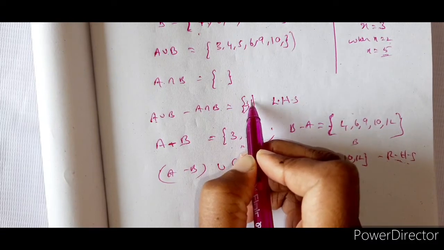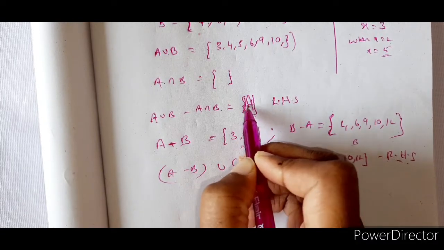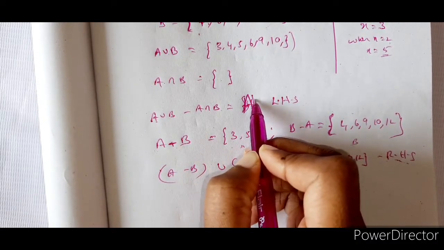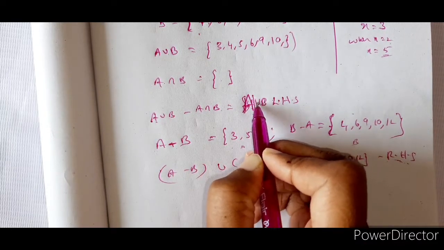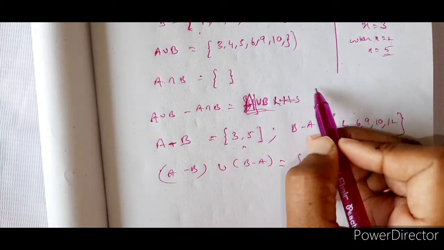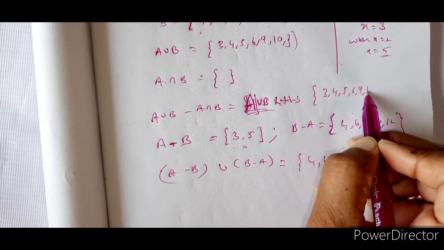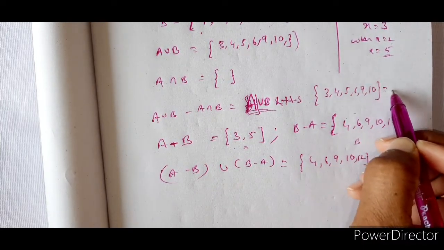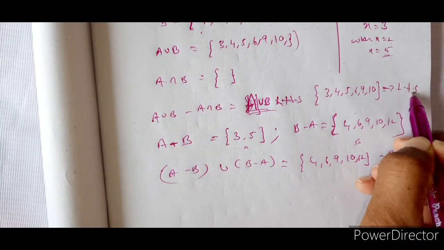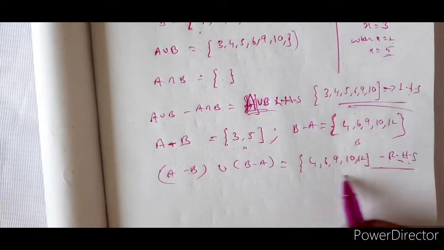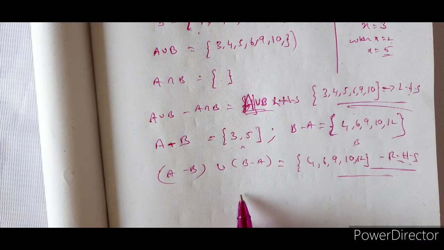So this is A union B only. We will write it as 3, 4, 5, 6, 9, 10, 12, which is LHS.